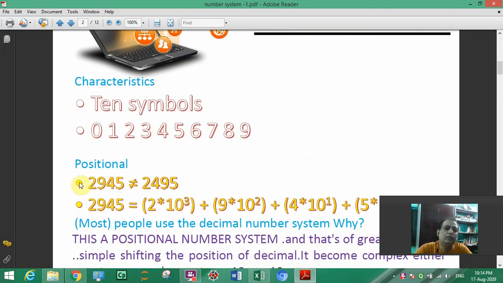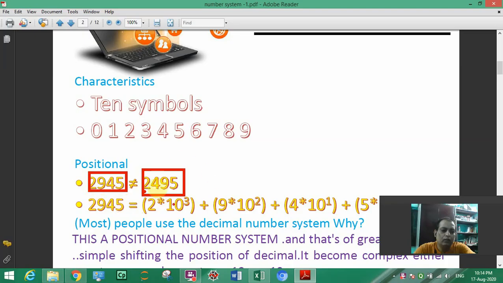Now you can see here 2945, and if we change 9 and 4, replacing their places, the digits are same, but the value of the number is different. The first is 2945 and the second one is 2495.